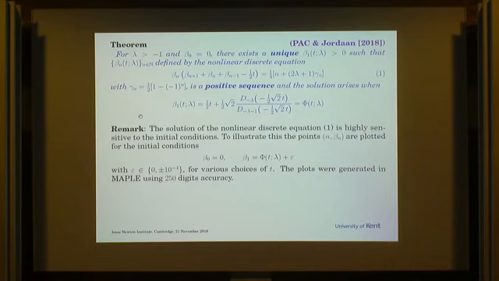Now, it's very, very susceptible to the initial conditions. So I'm going to show you some plots where I've taken beta 0 to be 0 and beta 1 to be this function, plus or minus 10 to the minus 4. I've used 250 digits of accuracy to get these plots.